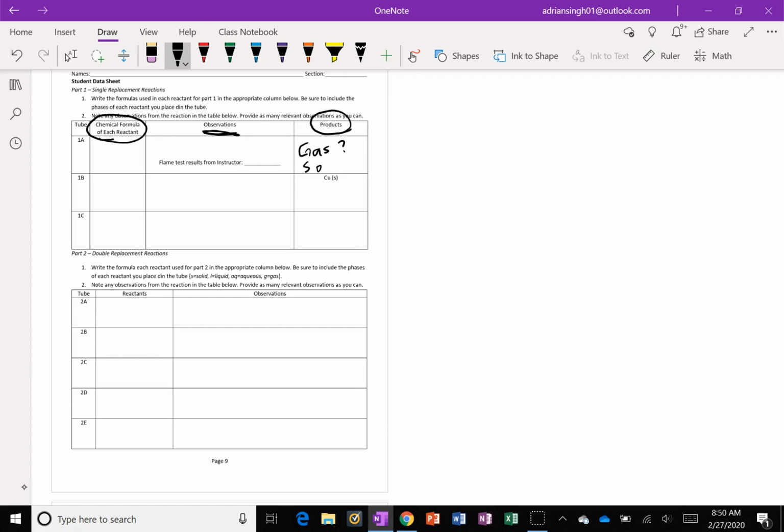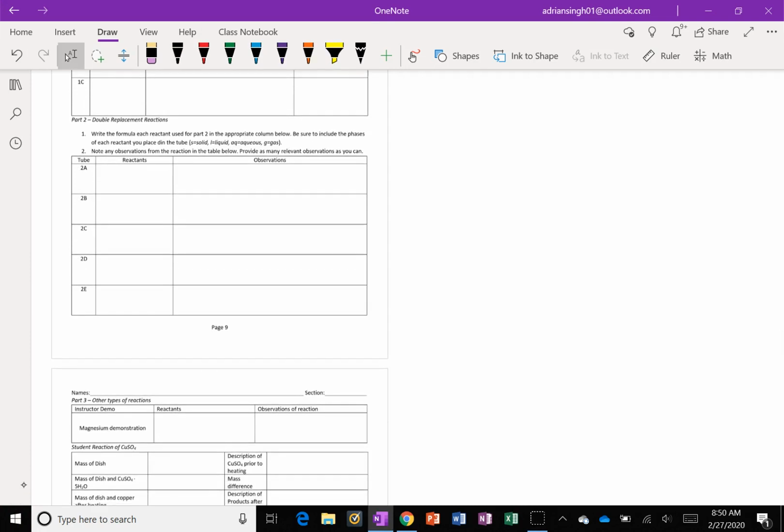Did you see solids? Similarly for part 2 and the double replacement reactions, you would have recorded your reactants when you were in lab, and then recorded your observations, everything that you saw. Color changes, gas formation, solids, etc. And hopefully your observations are very descriptive.